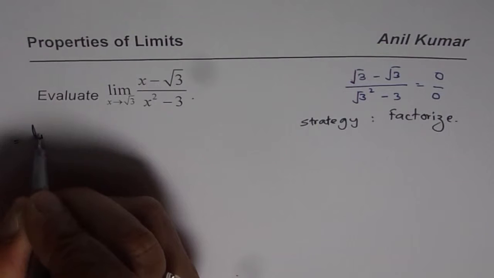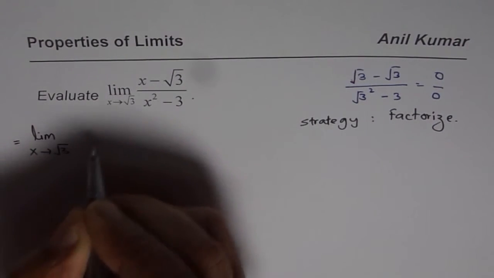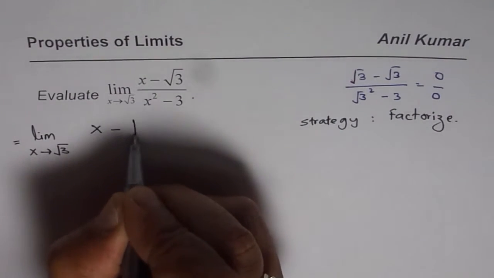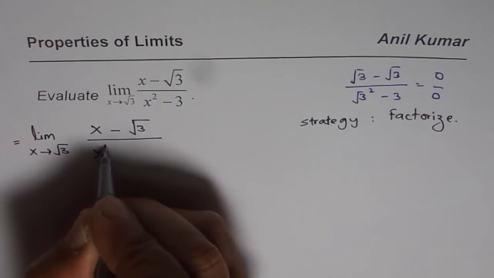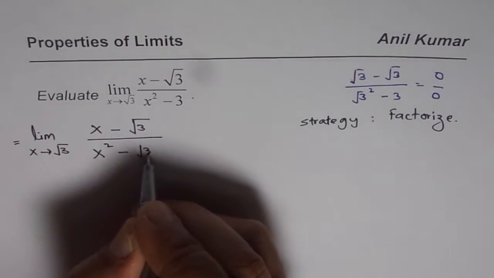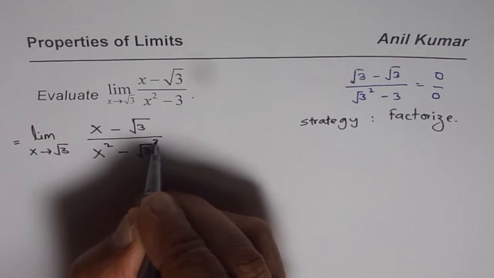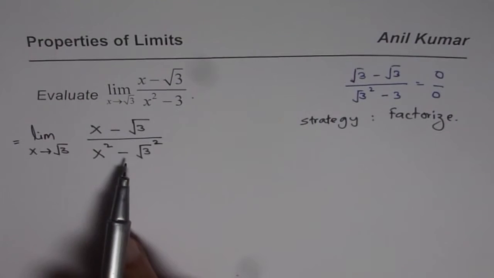So we have limit x approaches square root 3. Let me rewrite the question first. X minus square root 3 divided by x square minus, instead of 3, let me write this as square root 3 square, right? So we got a square minus b square in the denominator.